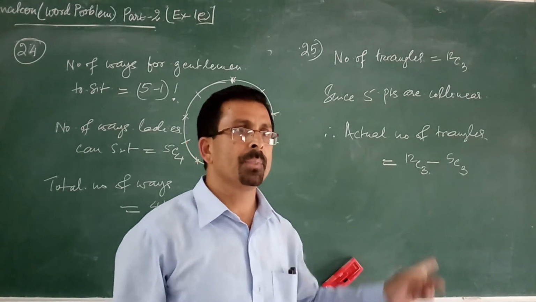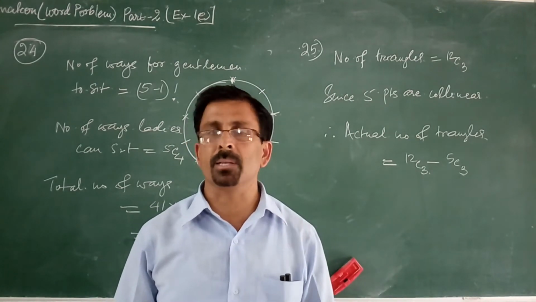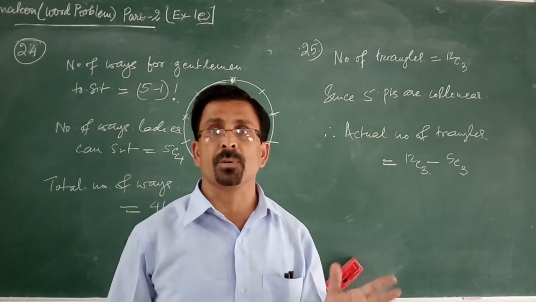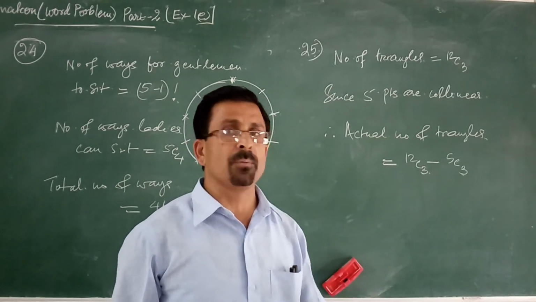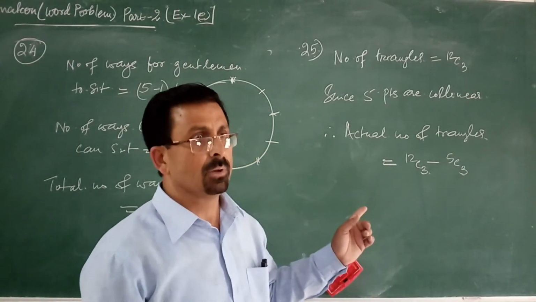Am I clear or not? Yes. This will give you the actual number of triangles because those 5 points are not in a position to give you any triangle. So the triangles calculated by those 5 points will have to be eliminated. And that's how we will get the answer.